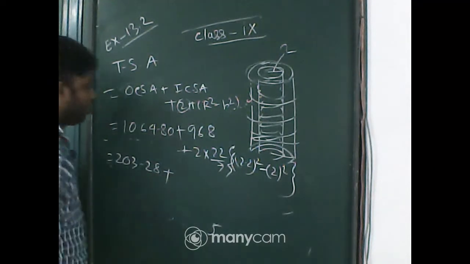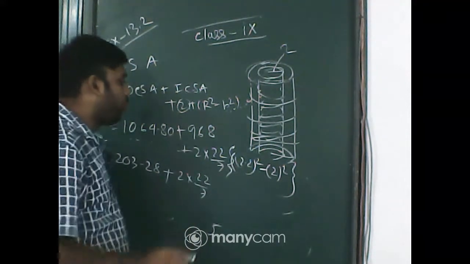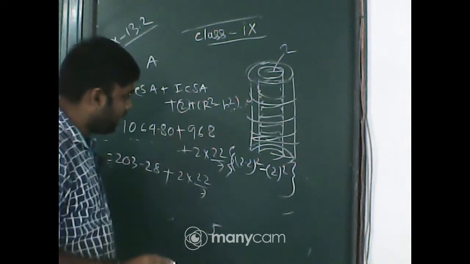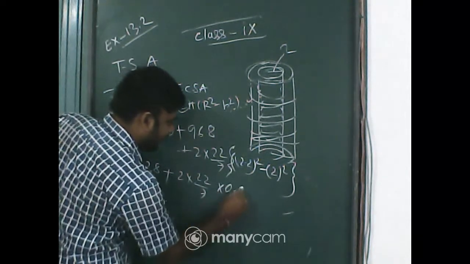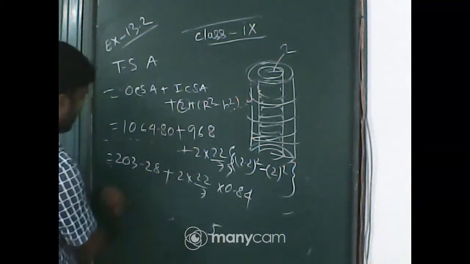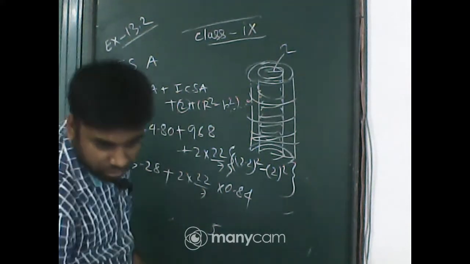Plus 2 into 22/7 into r square, that is 4.84 minus 4, that is 0.84. Okay students, just calculate it and add it.